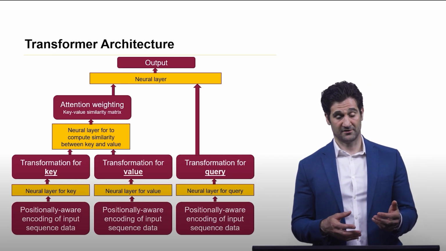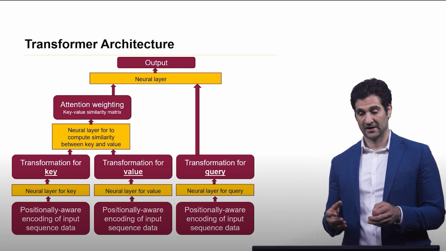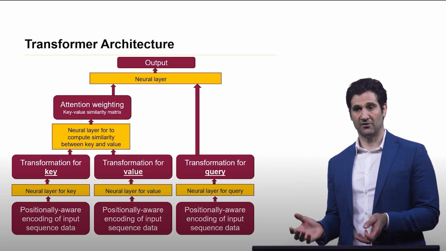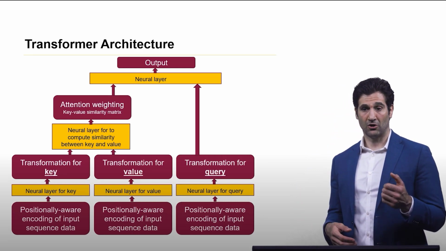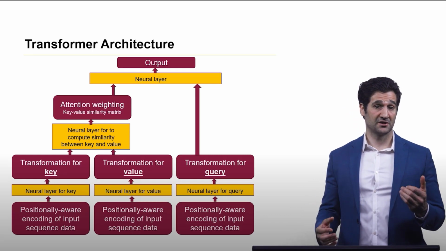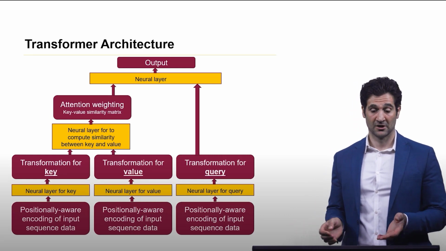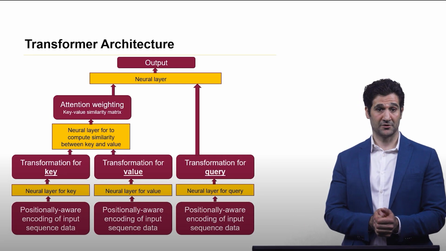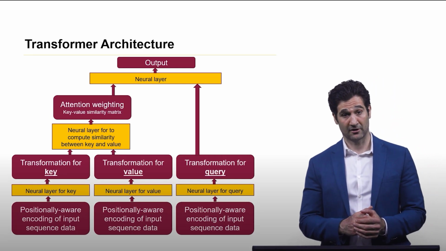That's what's neat about the whole thing, because it's taking care of the positional encoding along with looking at specifically what needs to be related to what in the input through this concept of attention weighting, through this similarity matrix.